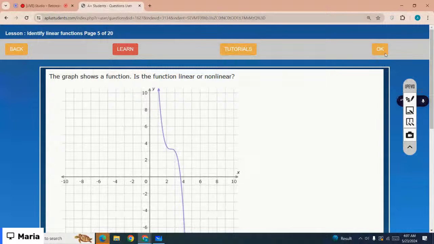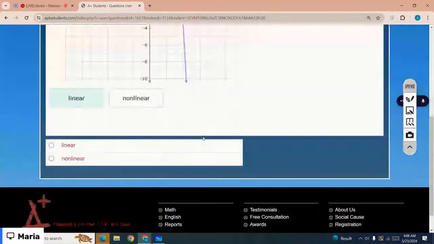The graph shows a function. Is the function linear or non-linear? Non-linear it is, right?